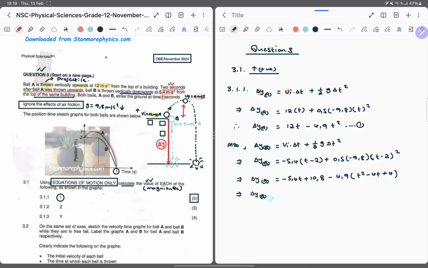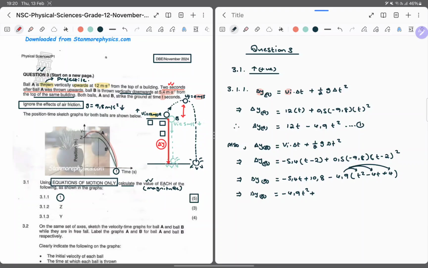There's a lot of simplification here. We distribute this in using all the knowledge of maths. So we know that this is going to be nothing but minus 4.9 T squared. And then when we multiply this by 4, it's going to be a positive thing. So minus 4.9 times minus 4 gives us 19.6. So this is going to be plus 19.6T minus 5T.